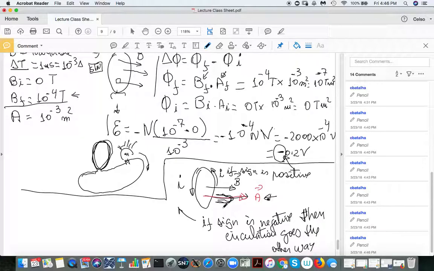Which means here's my loop, here's my magnetic field, this is the normal vector area, and let's take my example now, the one that I really did, the one that really gave a negative sign. What is the direction of the circulating current? Here it goes. So it goes this other way. Okay.